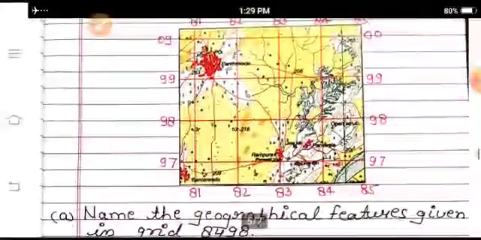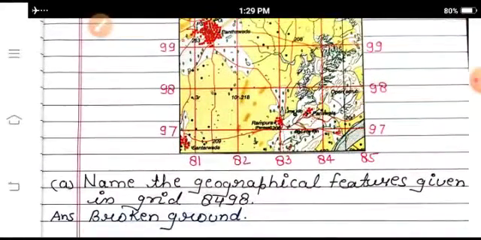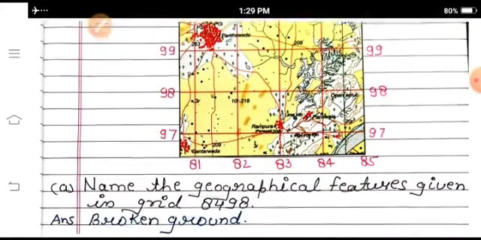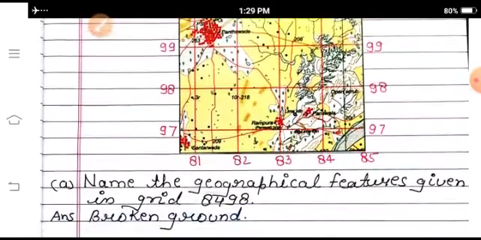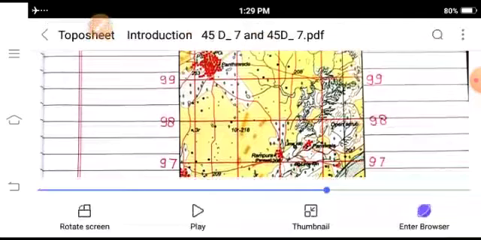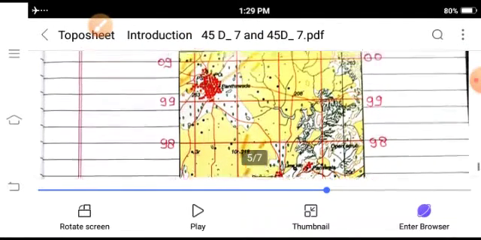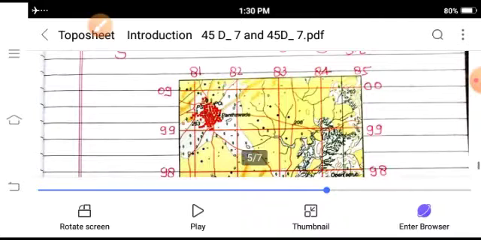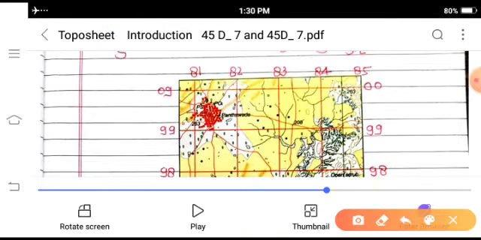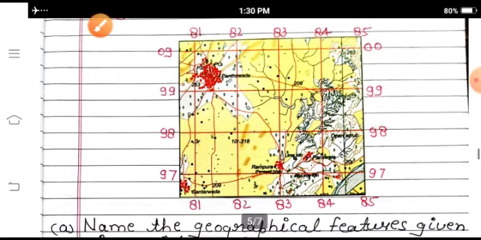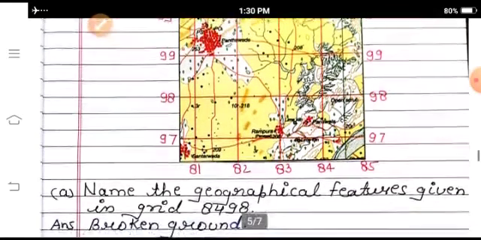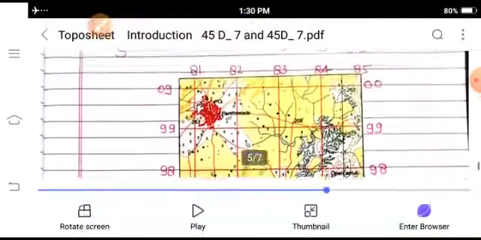Here, name the geographical feature given in grid 84, 98. On the basis of the grid, you have to see grid number 84 and 98.